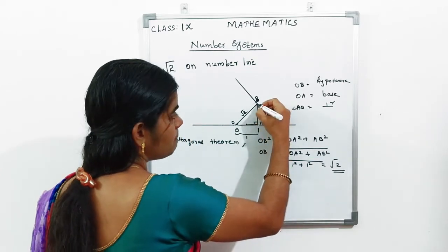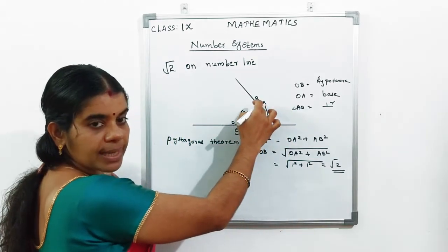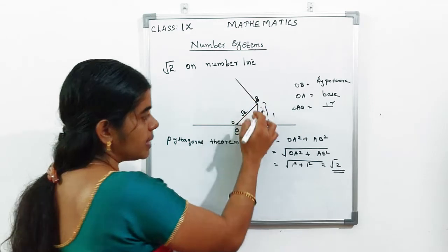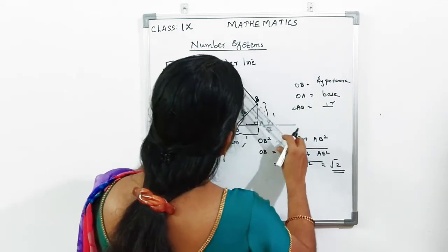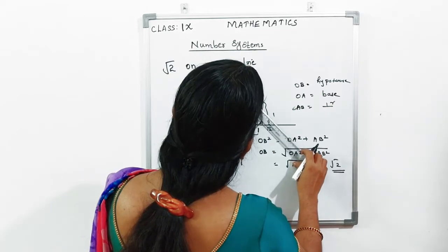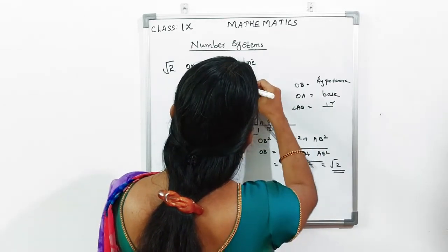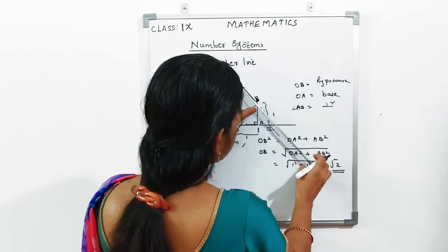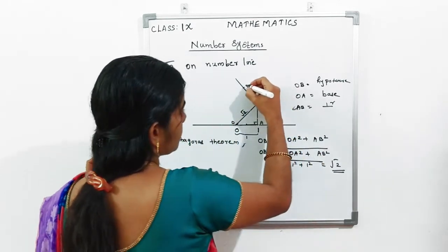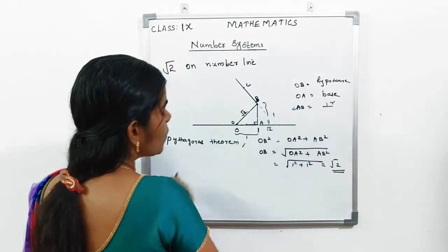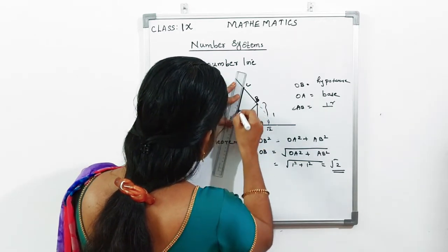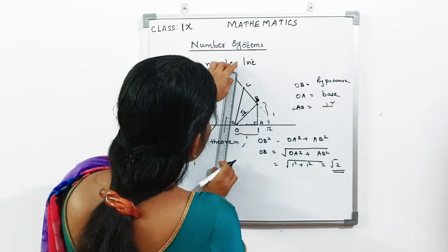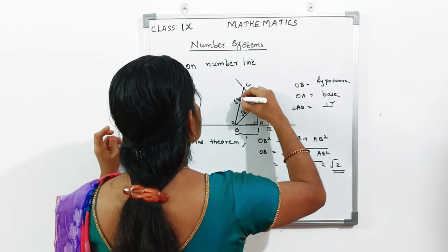After that from B, mark a 90 degree line. Then the distance you have taken here, AB, the same you want to mark here also. I am marking here, that will be C. And join OC. This will be our root 3.